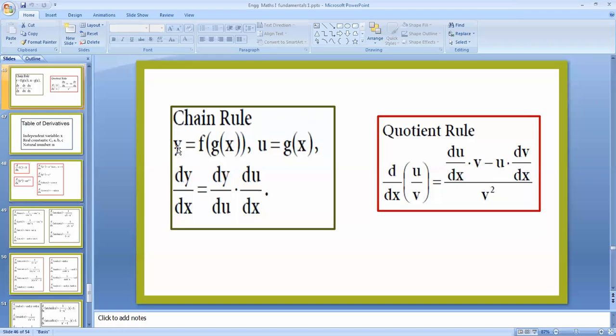Suppose you want to find the derivative of y with respect to x directly, so indirectly you find the derivative of y with respect to u. तो पहले y u का फंक्शन होता है और u x का होता है. तो इसलिए यहाँ पे पहले डेरिवेटिव ऑफ y विथ रिस्पेक्ट टू u और u विथ रिस्पेक्ट टू x लेना. You got it? Yes? Is it clear?